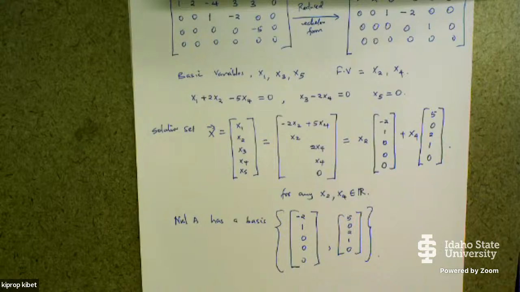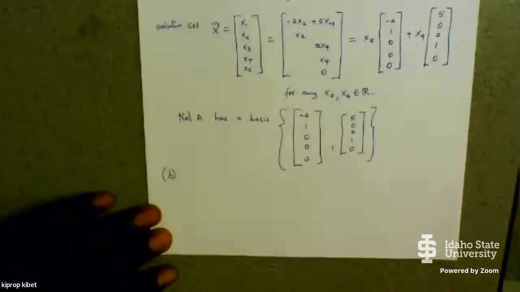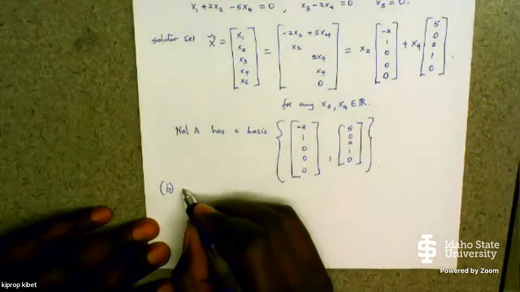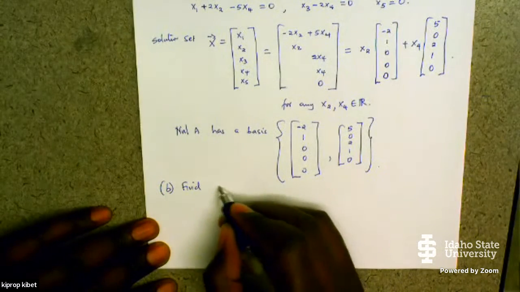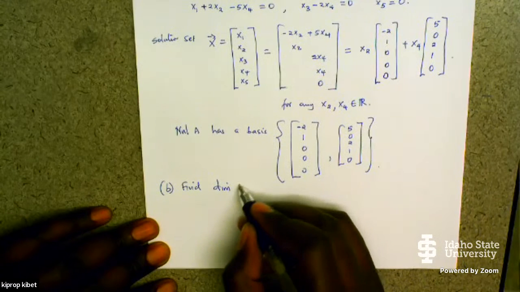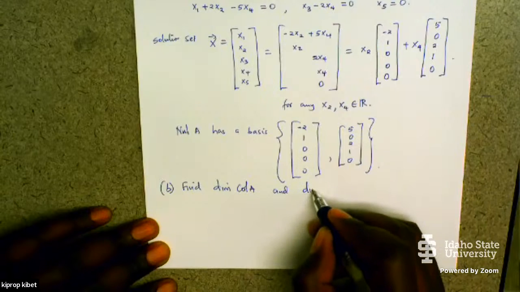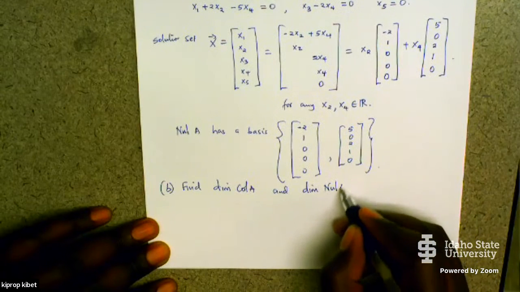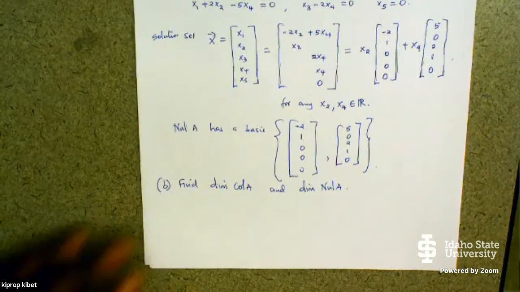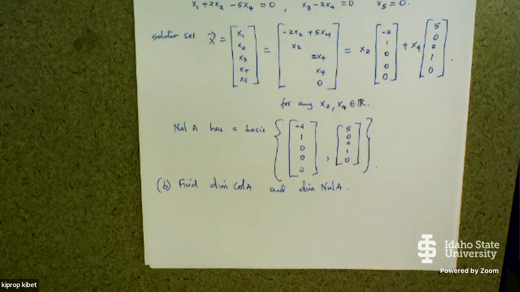Now, what is the dimension? So number B. The dimension, find dim of column space of A and dim of null space of A. So what are the number of vectors in the column space?